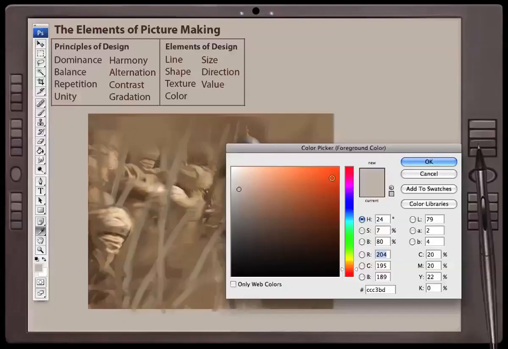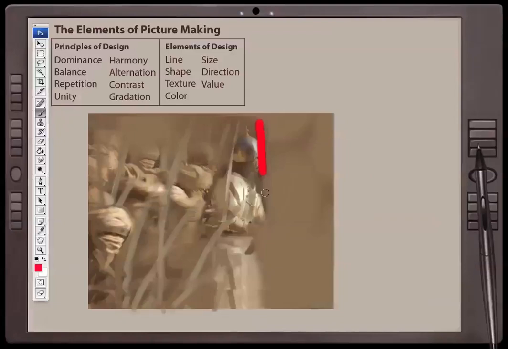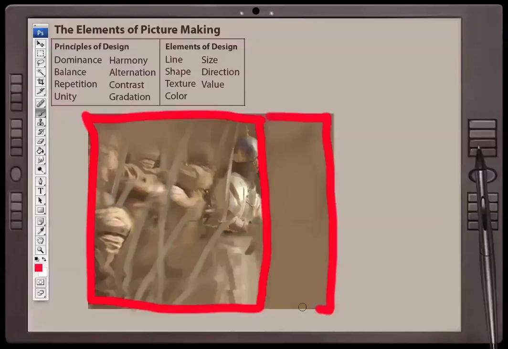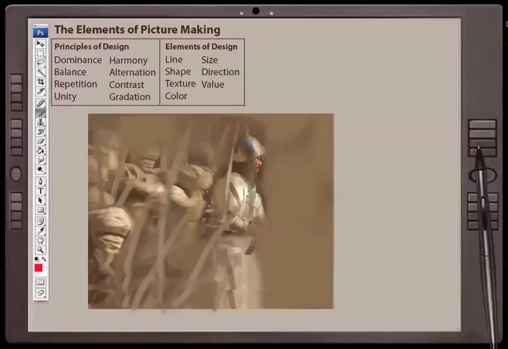There's more of this area than there is of this area. And this difference in sizes helps to add a lot of interest. I still have a nice balance of opposing forces. I still have this quiet area, and then I have the busy area.